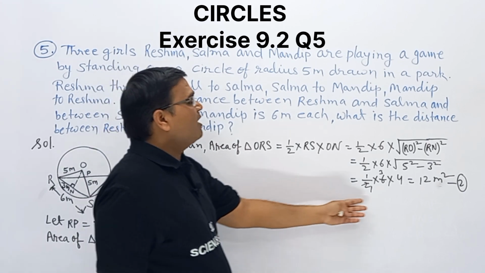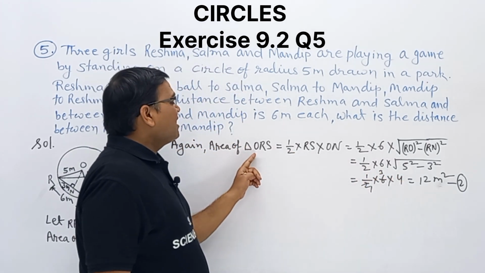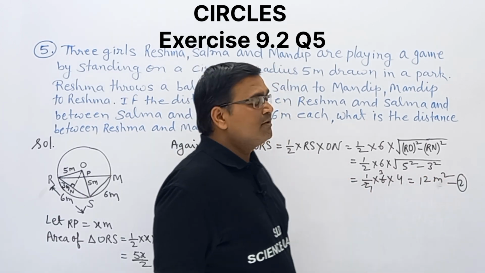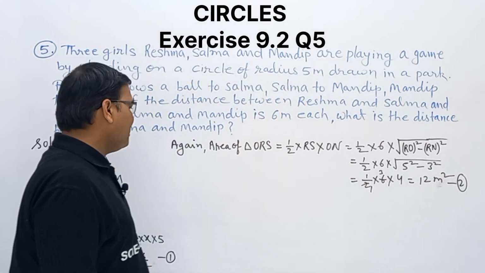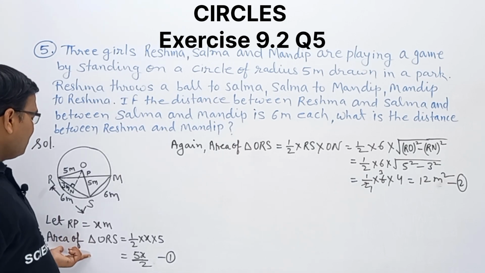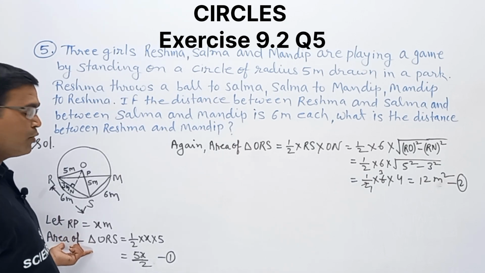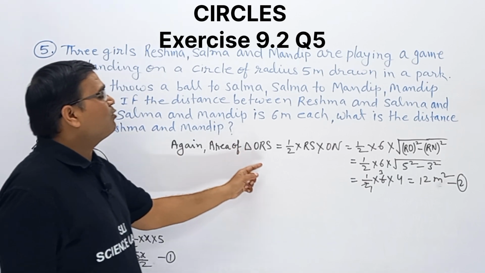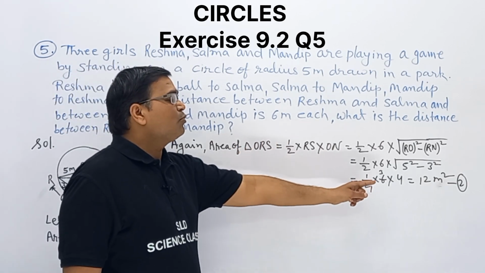Once we solve, the area of triangle ORS will be 12 meter square. Clear? Now equation number 1 is also showing the area of triangle ORS, and the area of triangle ORS is 12 meter square.